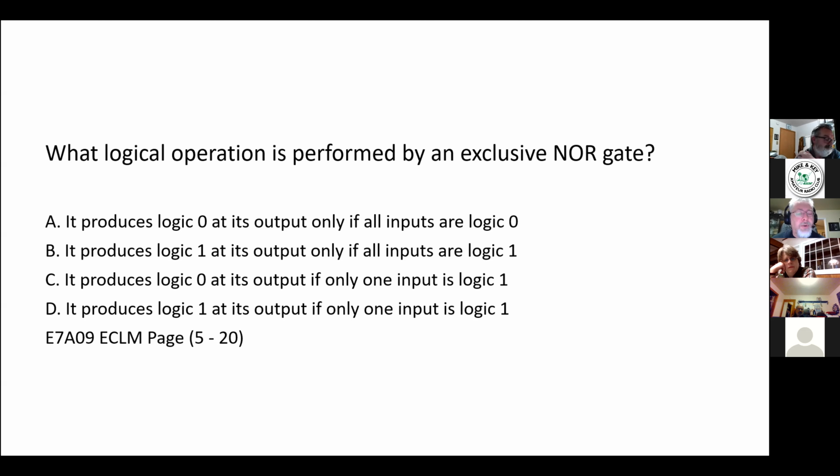Or D, it produces logic 1 at its output if only one input is logic 1. The correct answer is C in this one. It produces a logic 0 at its output if only one input is logic 1.